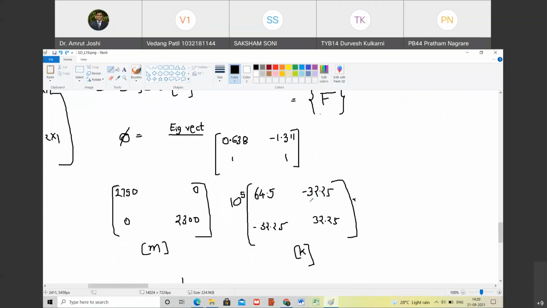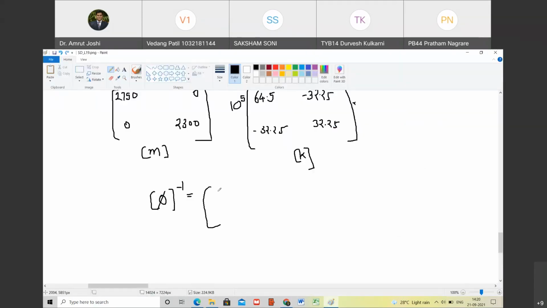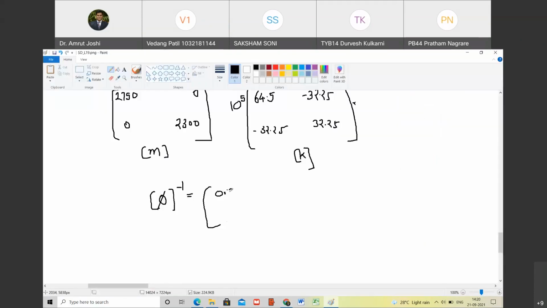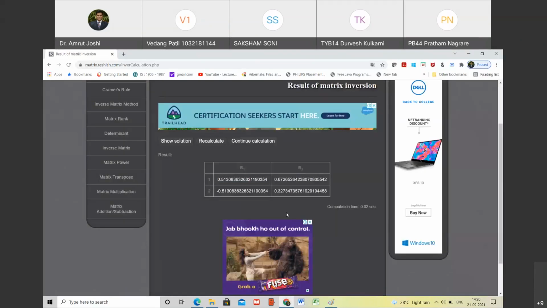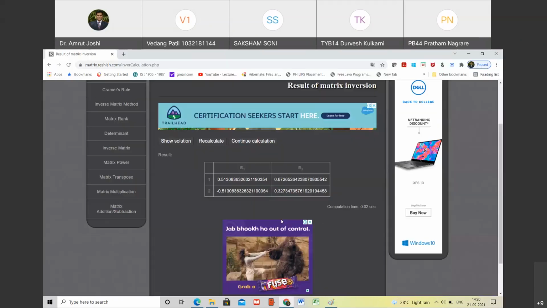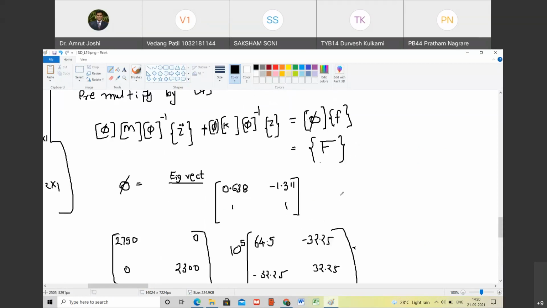Have we done all calculation correct? I will have to check it once. 0.513. It will be clear in a while whether calculations are correct or not. Then 0.672, minus 0.513, 0.327. This is phi inverse.